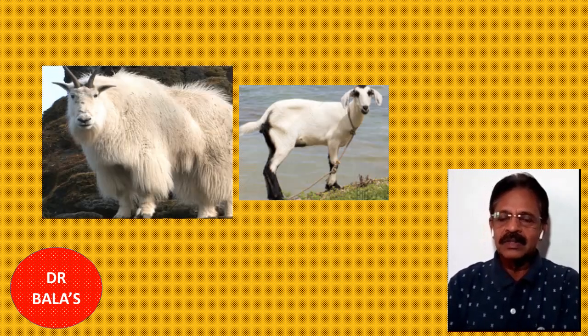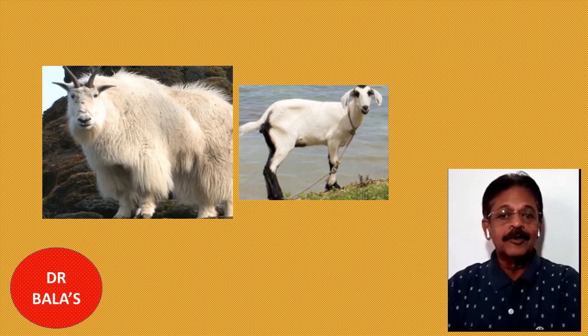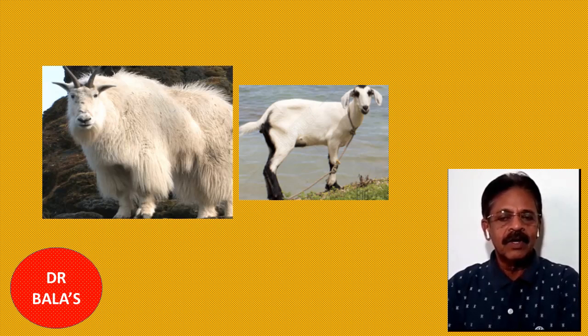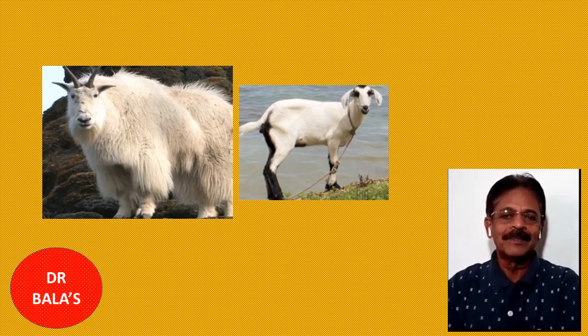Look at these animals. What nature has done for these animals. Two goats living in different places. One in a polar area, where the climate is very cold. The other one is in a hot climate. If you see the polar goat, it has a lot of fur.